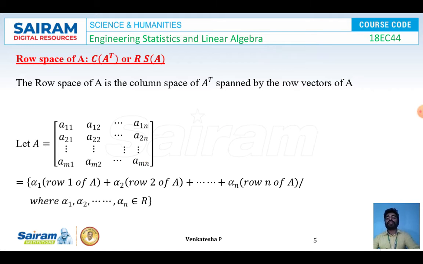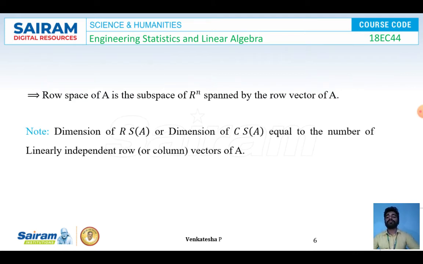Then the row space of A is given by alpha 1 into row 1 of A plus alpha 2 into row 2 of A plus so on, alpha n into row n of A, where alpha 1, alpha 2, etc. alpha n belong to the real numbers R. It implies that the row space of A is the subspace of R power n spanned by the row vectors of A. And note, the dimension of the row space of A or the dimension of the column space of A is equal to the number of linearly independent row or column vectors of the given matrix A.